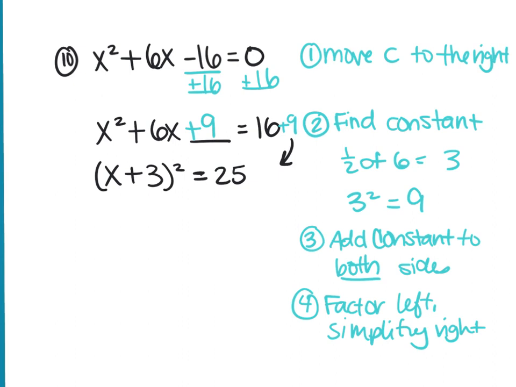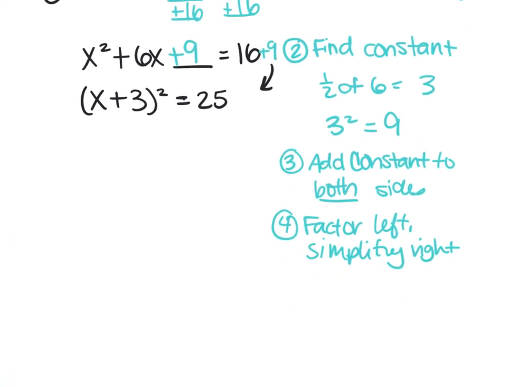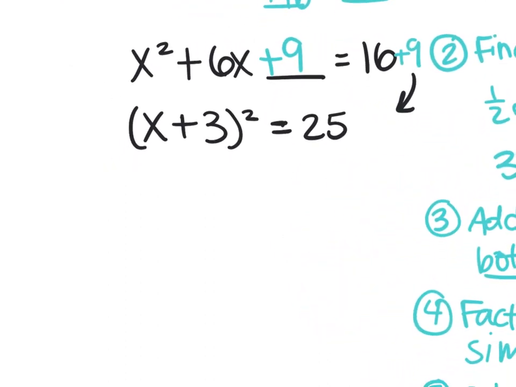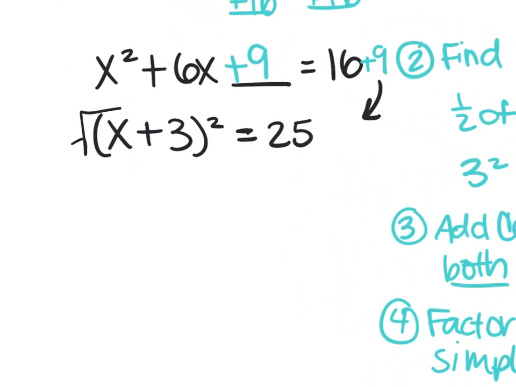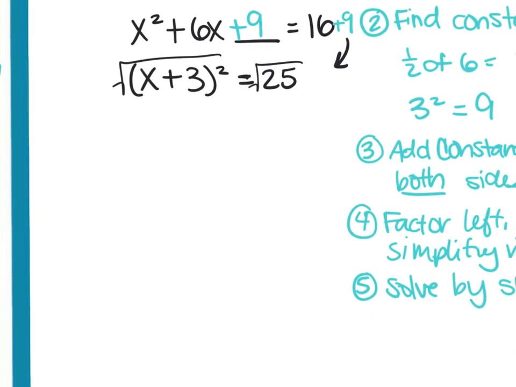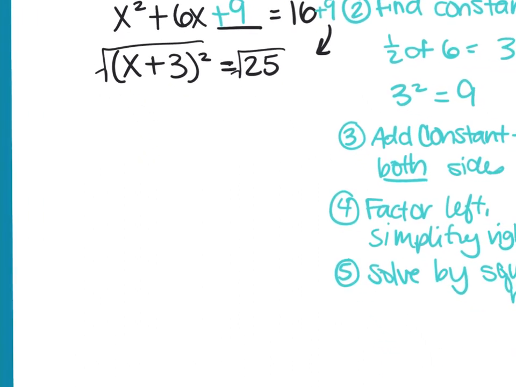Sometimes that's going to come out to a nice perfect square, sometimes not. All right, now you solve like we did last time, so it's called solve by square rooting, okay? Like I said, these are long because I think these are the hardest ones and they gave these two kind of in the middle. All right, so if I square root both sides, Tori, what's that leave me with on the left side? Yeah, square root it.